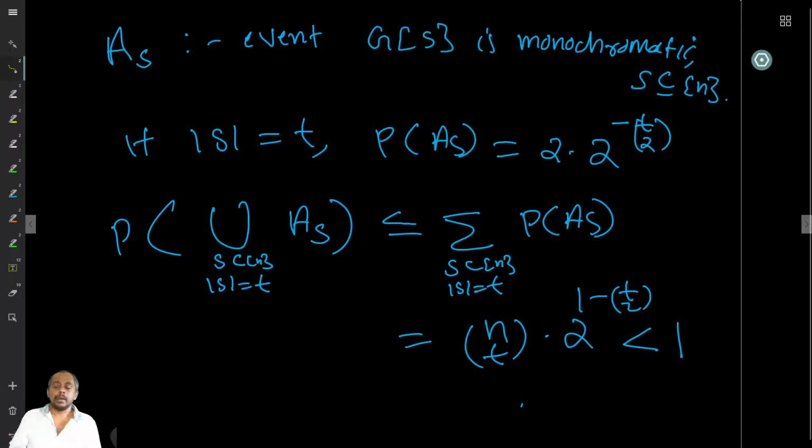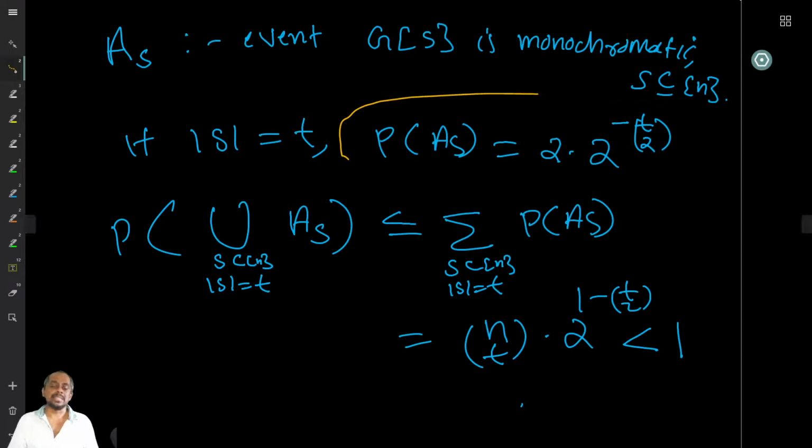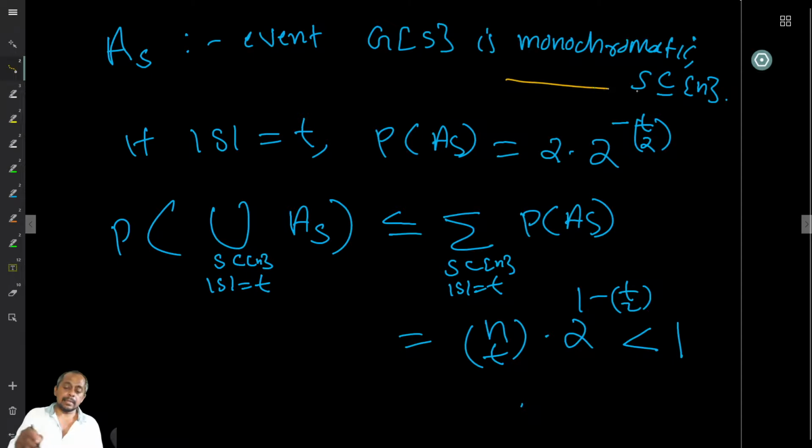That is the probability that all the edges are red. Similarly, all the edges could also be blue. Since these are disjoint, we can add the probabilities. So the probability of A_S is 2 times 2 raised to minus t choose 2. That is, the probability that a subset S of vertices is monochromatic is 2 raised to 1 minus t choose 2, where t is the cardinality of S.